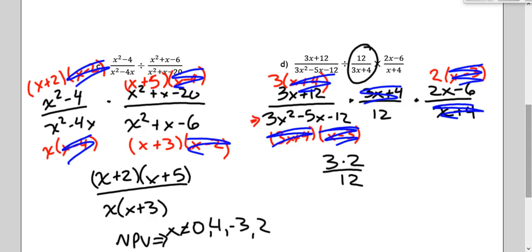So that should leave us with 1/2 with NPVs that x cannot equal -4, 3, or -4/3.